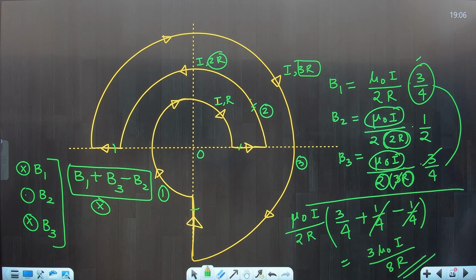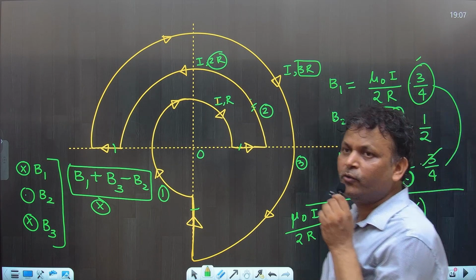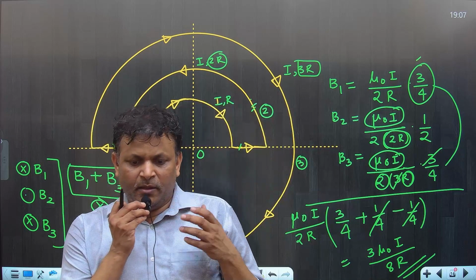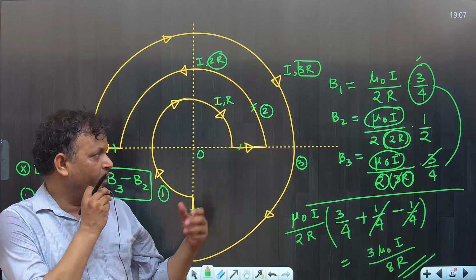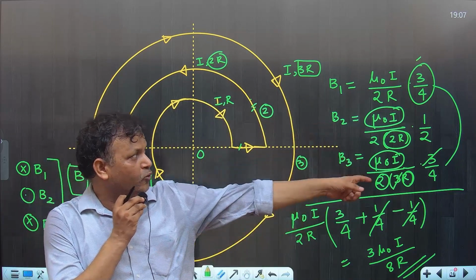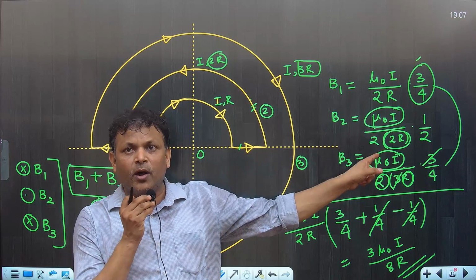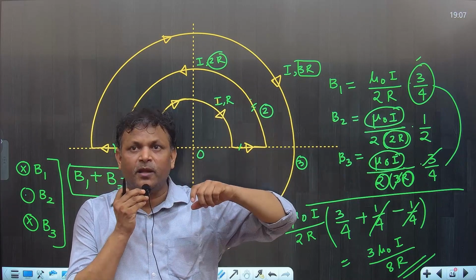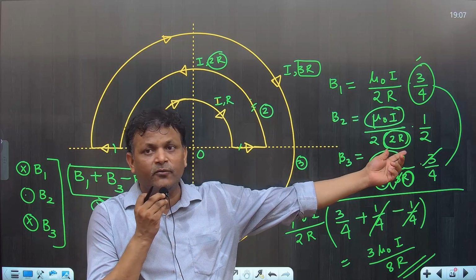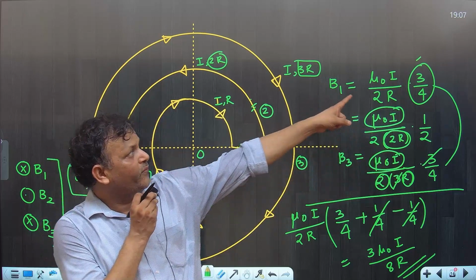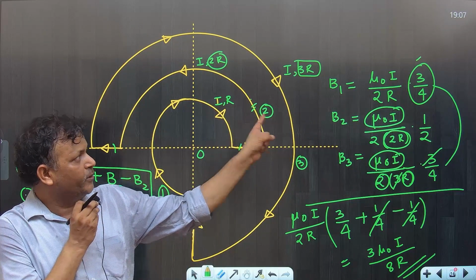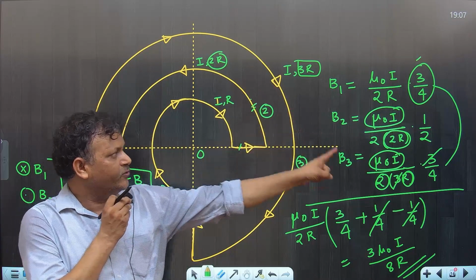You should be very careful whenever you are using the formula. When you use the formula mu naught I by 2r, just stop there and use the value of the radius. In this case the radius is r, for case 2 it is 2r, for case 3 it is 3r.